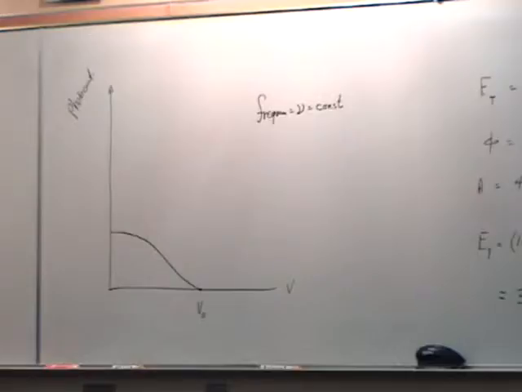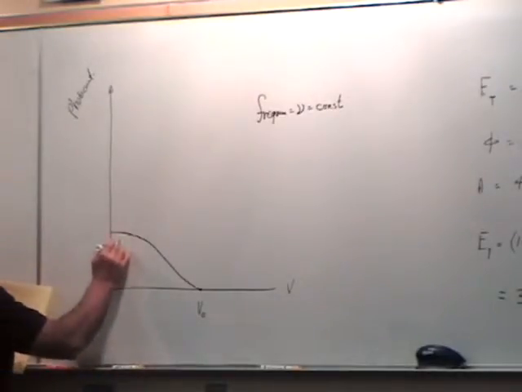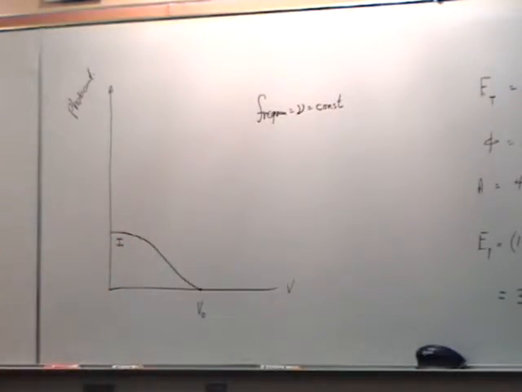We turn on the light at a certain intensity, and let me just call I the intensity of the light. So we're shining light on this thing, and we start raising the voltage. We start moving this thing from over here in this direction until we finally stop the photocurrent. And that's where our experiment stops. So we put a point right there.